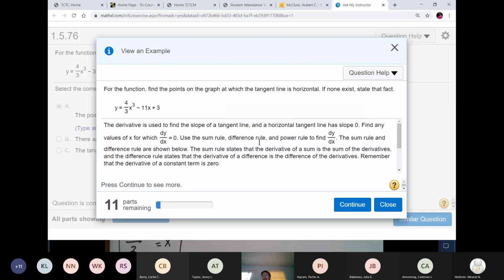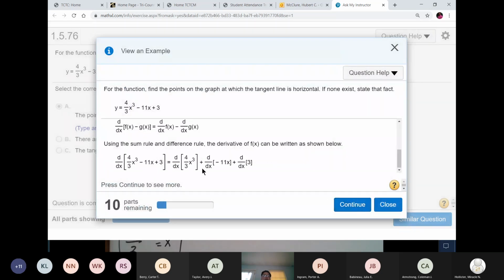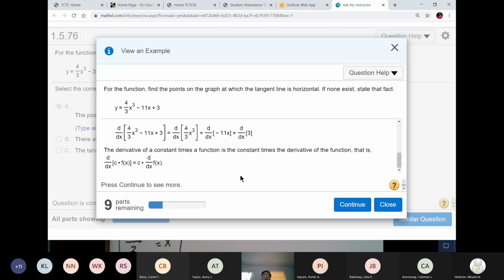Find the first derivative. We did that. And that's going to be 3 times, that's going to be 4x squared minus 11. See what they got. 4x squared minus 11.